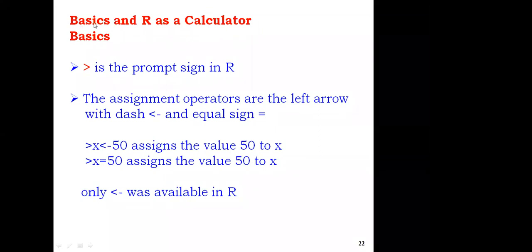Now, basics in R as a calculator. This greater than symbol is the prompt sign in R. And the assignment operator is the left arrow with dash, that means less than and then dash, and the equal sign.